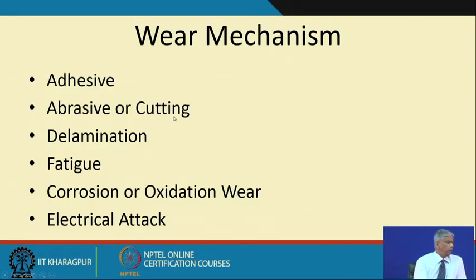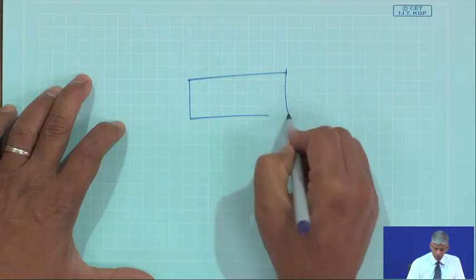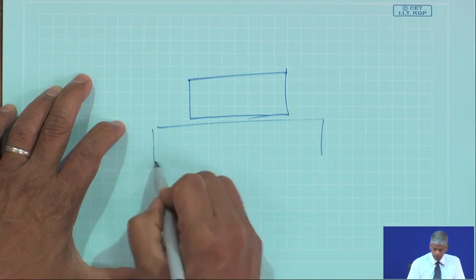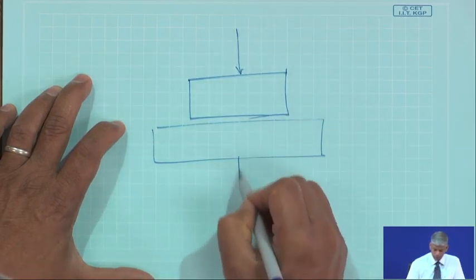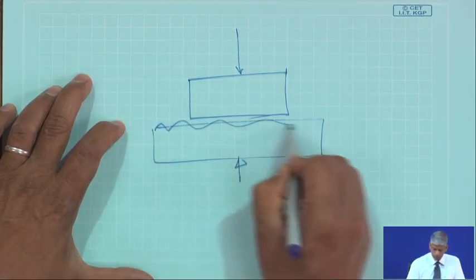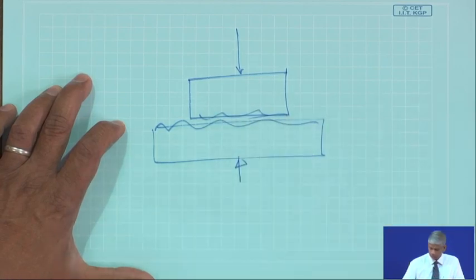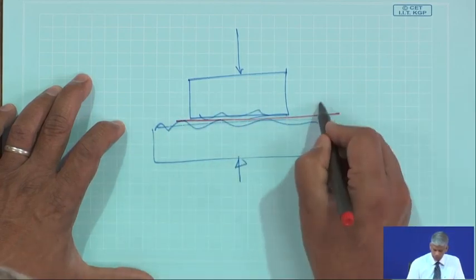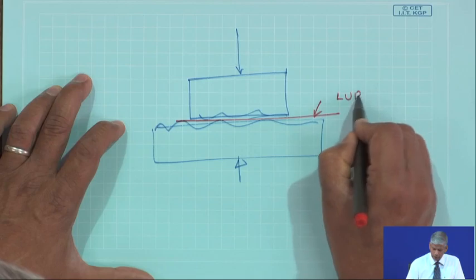So, by now you get a feel that in machines, when there are basic pairs, this kind of wearing mechanism can occur. This is my lubricant layer.